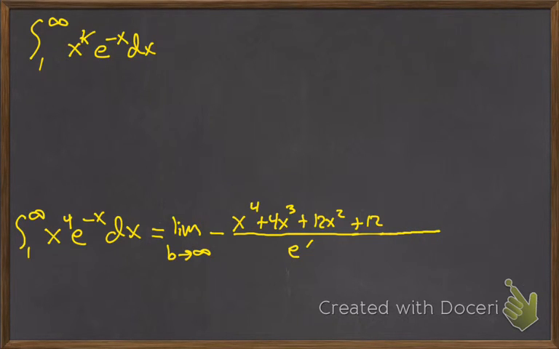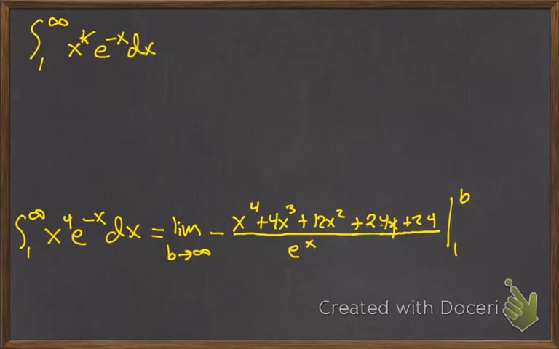This next one was not 12x, it was 24x, and then plus 24, all over e to the x, and then we're going to evaluate that from 1 to b.